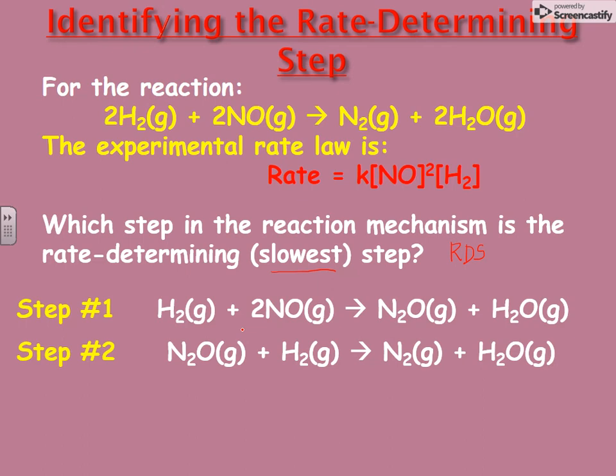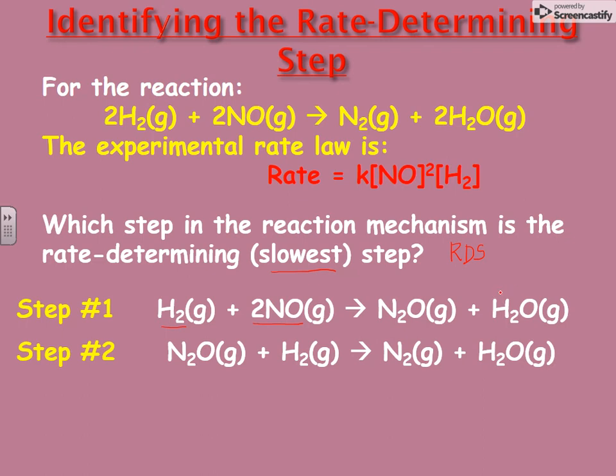We learned that with your elementary steps, you could write your rate law from their molecularity. Well, in step one, we have two NOs here and one H2 here. So this is a termolecular elementary step.